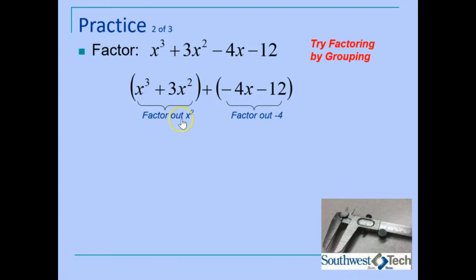So factoring out the largest common factor in the first 2 terms results in x squared times the remaining binomial of x plus 3.